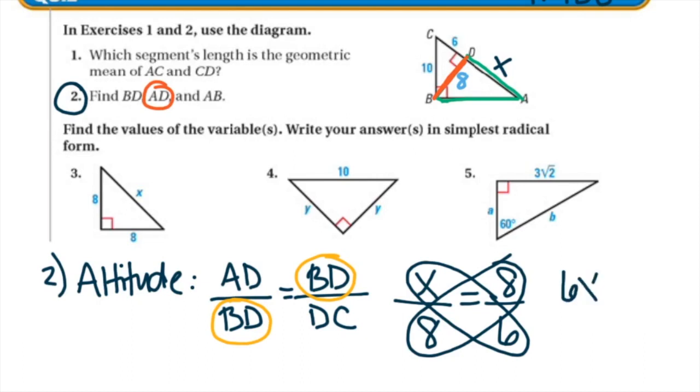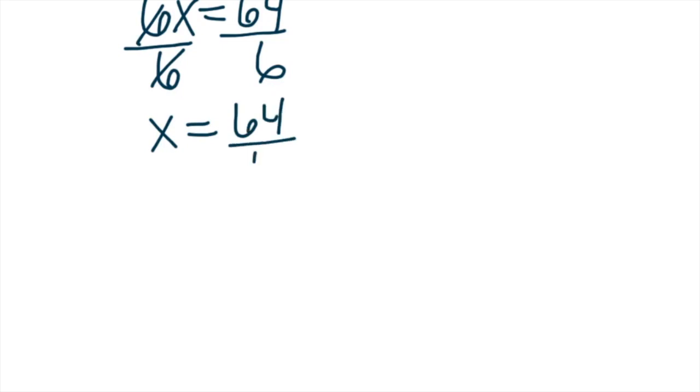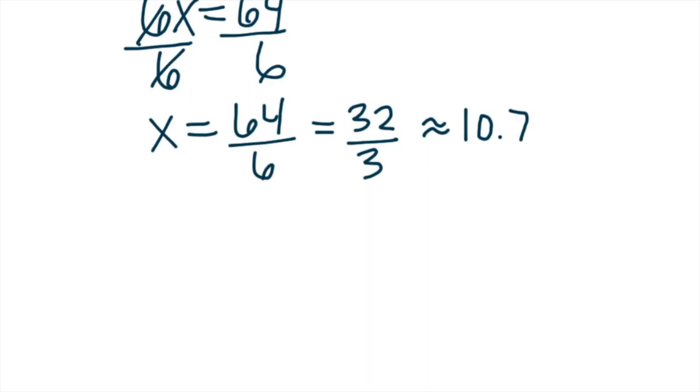So we have 6x equals 64. If we divide both sides by 6 to solve for x, we get x equals 64 over 6, which can be reduced to 32 over 3. You can just leave your answer like that. Or if you wanted to give an approximated answer, it's approximately 10.7, rounded to the nearest tenth.